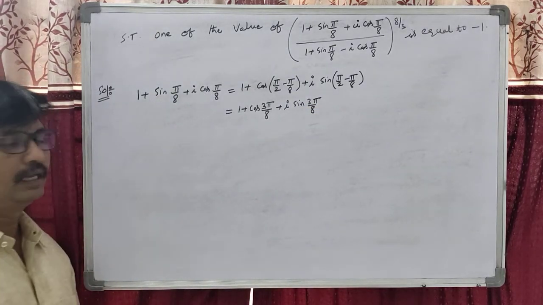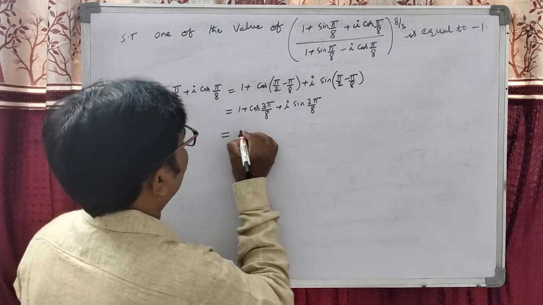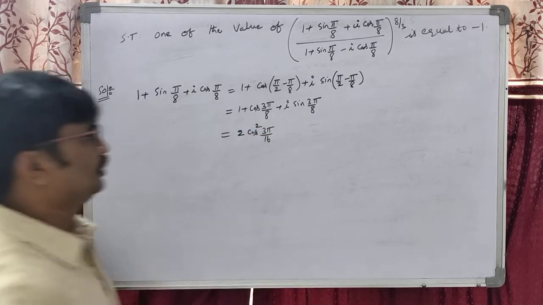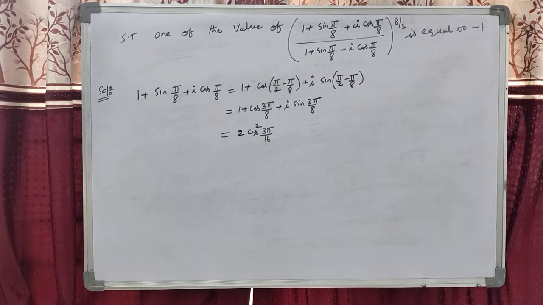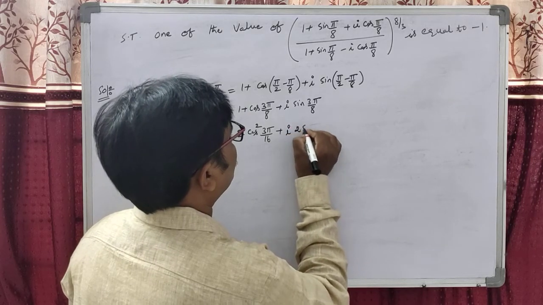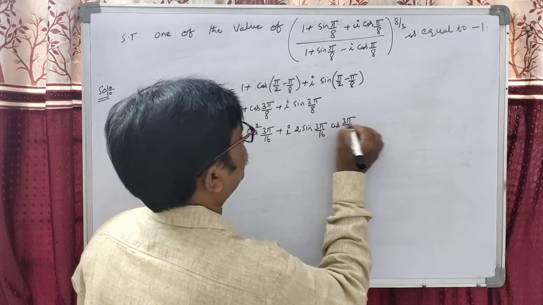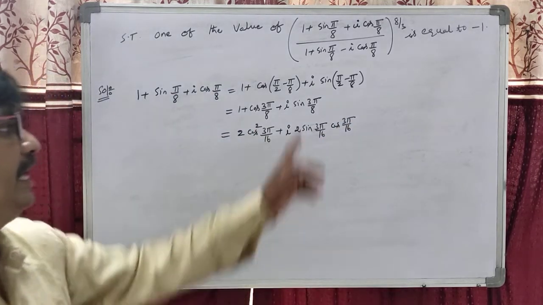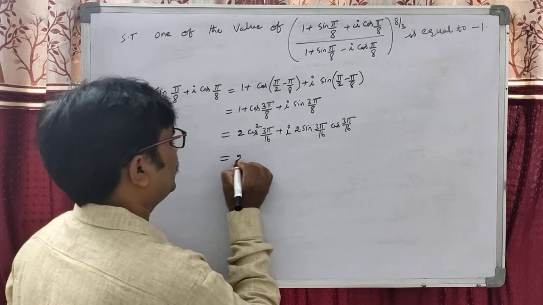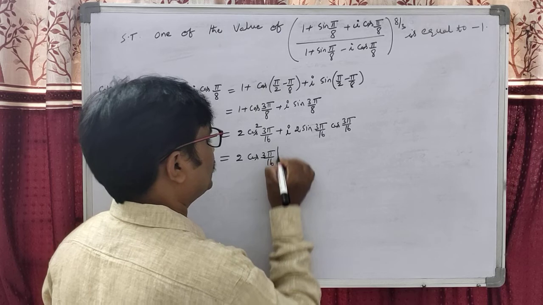Now students, 1 plus cos θ is 2 cos square θ/2. After that, i into 2 sin θ/2 cos θ/2. What is the common factor? 2 cos of 3π/16 is the common.